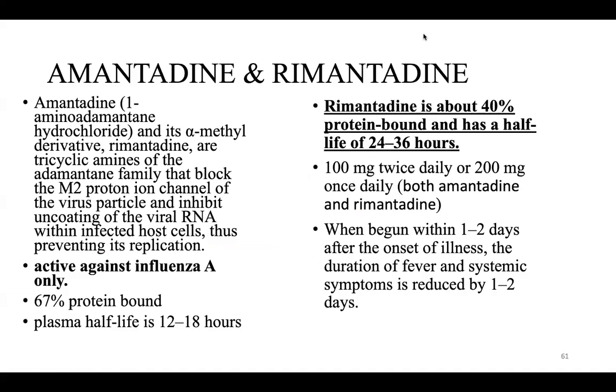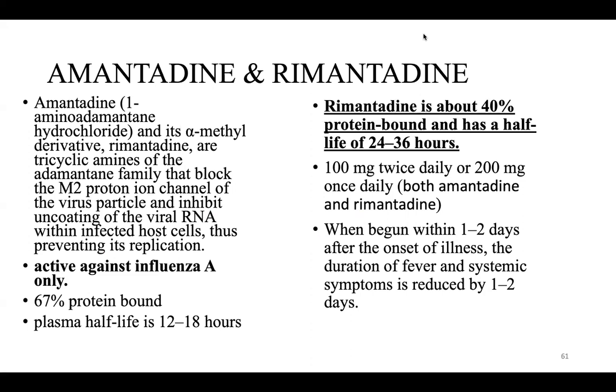Amantadine and rimantadine. They are active against influenza A only. Rimantadine is 4 to 10 times more active than amantadine in vitro. Amantadine is well absorbed and 67% protein bound. Its plasma half-life is 18 hours and varies by creatinine clearance.